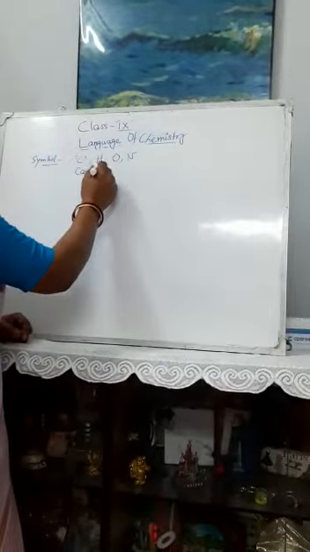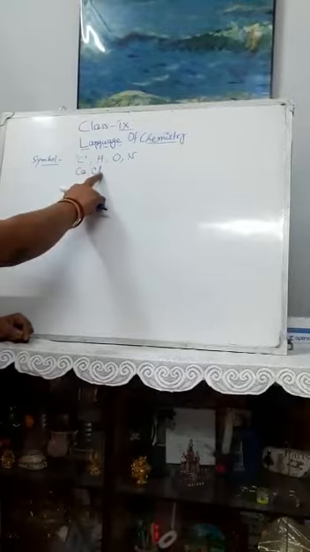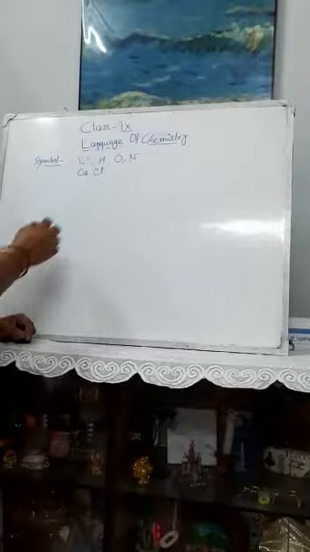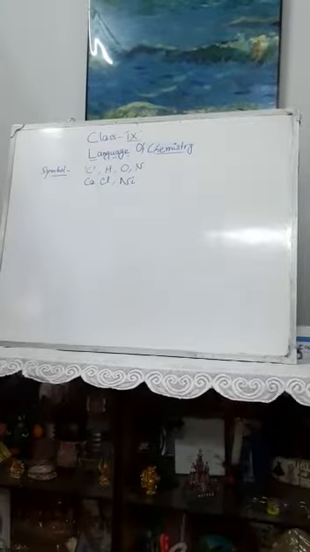And for chlorine, this is Cl. C and another letter L is used to write the symbol of chlorine. And for nickel, we use Ni. So the first letter and another letter of the name of the element we can use to write the symbol.